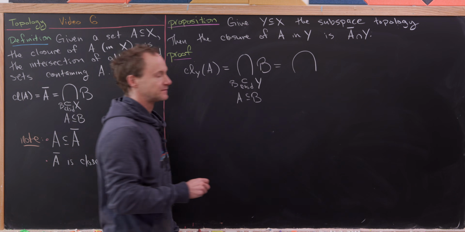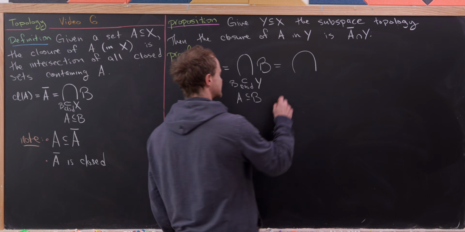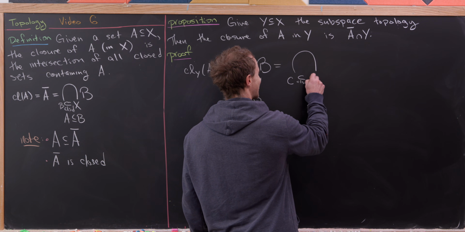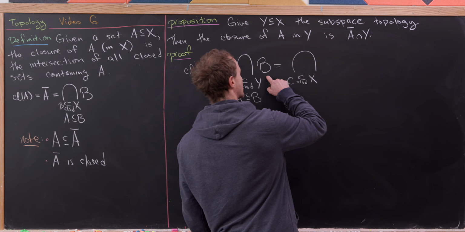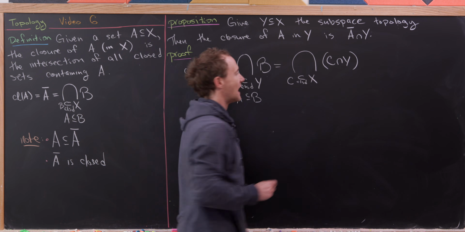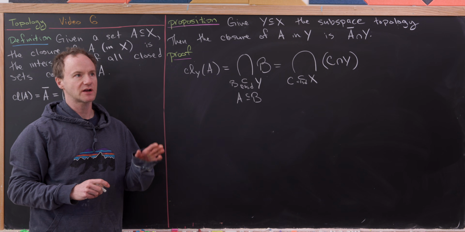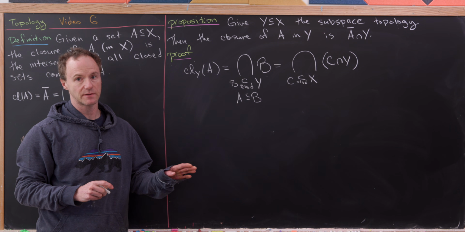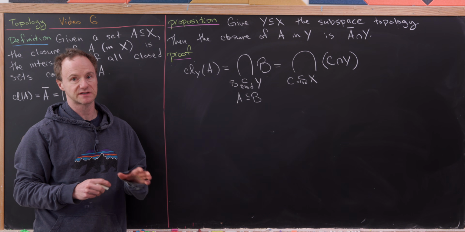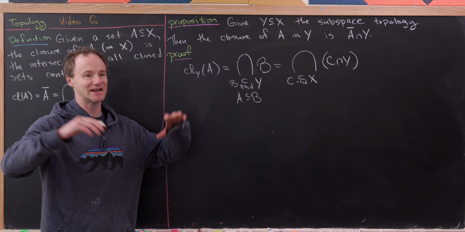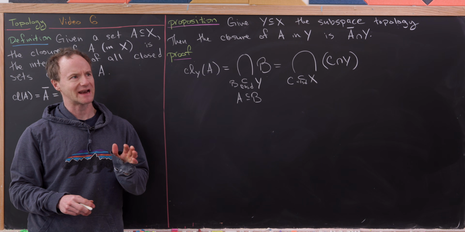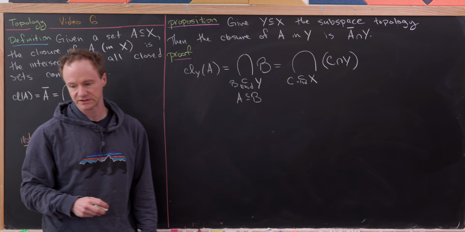This is going to be the intersection over all C, which are closed in X, where we replace B with C intersect Y. That's because every closed subset in a subspace with the subspace topology can be written as a closed subset of the larger space intersected with the subspace. Now I'm not sure we proved that exact result, but that's fairly straightforward to prove.